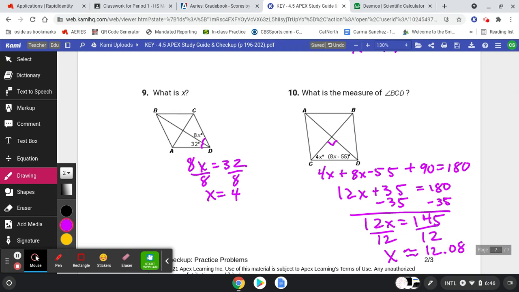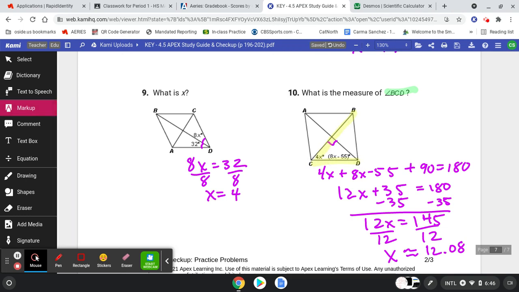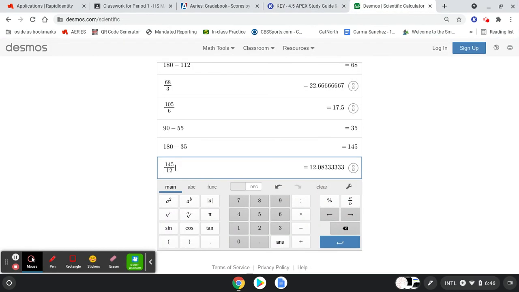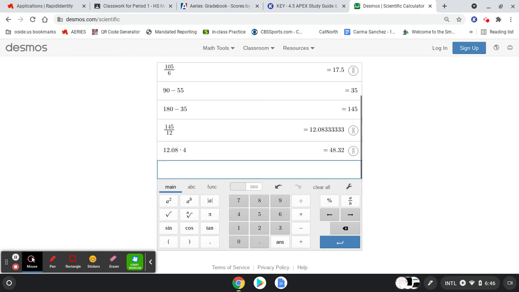Now, it asks for the measure of BCD. So it's actually asking for the measure of the 4x, and we just found that x is 12.08. So go over to Desmos and do 12.08 times 4.